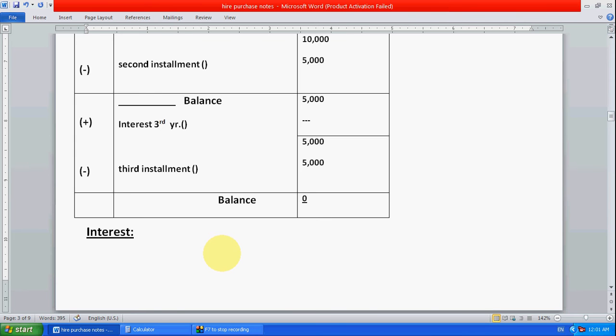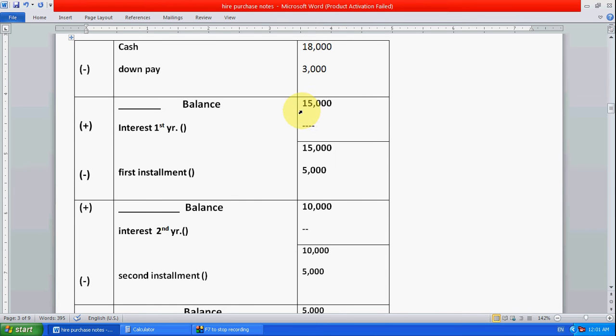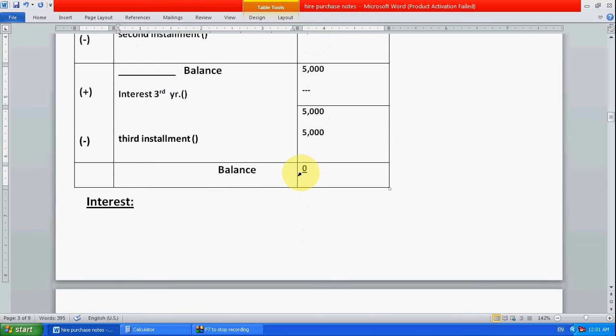After paying the down payment, we have to pay 15,000, and on this 15,000 we have to take the interest. So right here, 15,000.